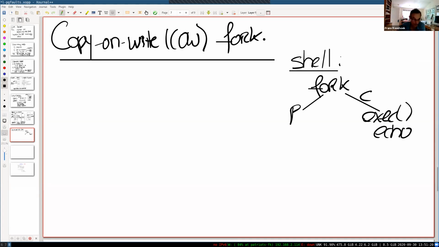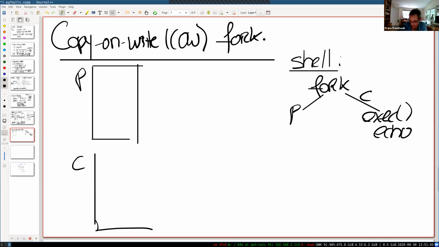As we now know, and we certainly saw it in the last lab, the fork creates a complete duplicate of the shell address space, and then exec, the first thing it does, throws that away and replaces it with an address space containing echo. So it seems slightly wasteful, right? Let's say we have our parent virtual address space, and here we have the child, and here's physical memory.